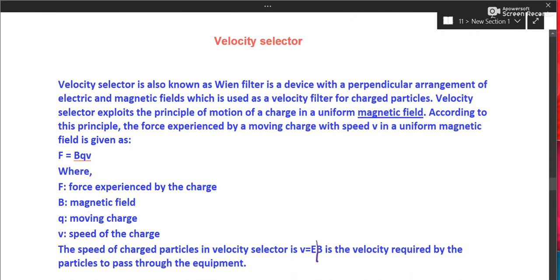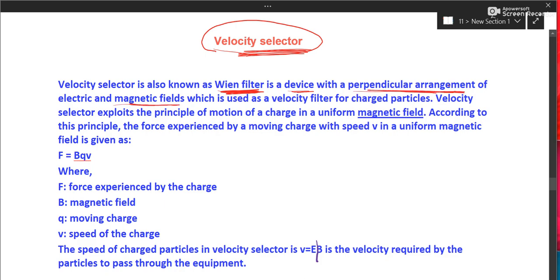Then we have a topic called velocity selector. We call it Wien's filter as well, but velocity selector is the more famous name. It is a device in which both the fields are there, electrostatic field and magnetic field, perpendicular to each other.